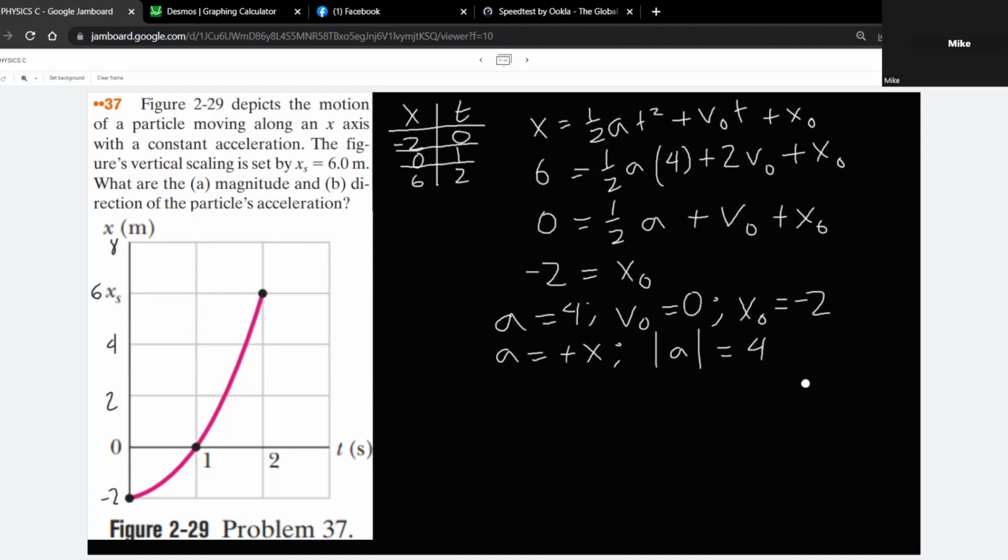Tapos, don't forget the units. Ano ba yung units ng acceleration? Meters per time squared. Is it always assumed po that it's seconds? Ano ba yung given?